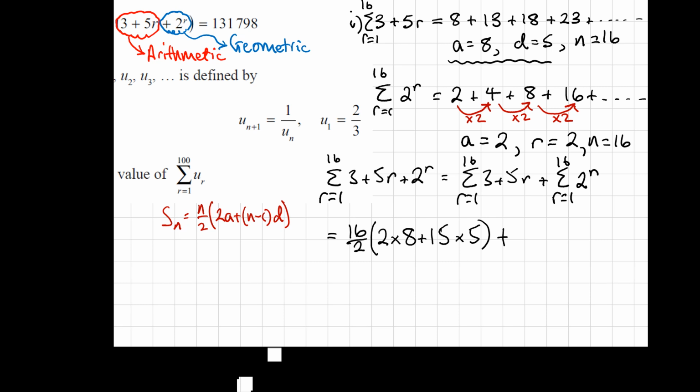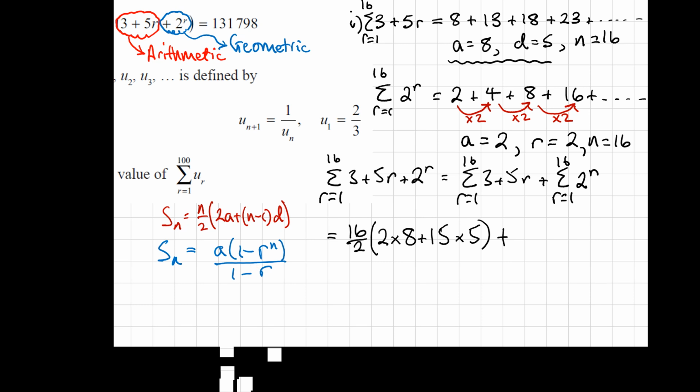Then plus the sum of my geometric. To find the sum of a geometric, I'm going to use a times 1 minus r to the n over 1 minus r, or it could be r to the n minus 1 over r minus 1. It doesn't matter which form I use, I'll just use this for now. I think this is the form in the book, but you can flip it around if needed.